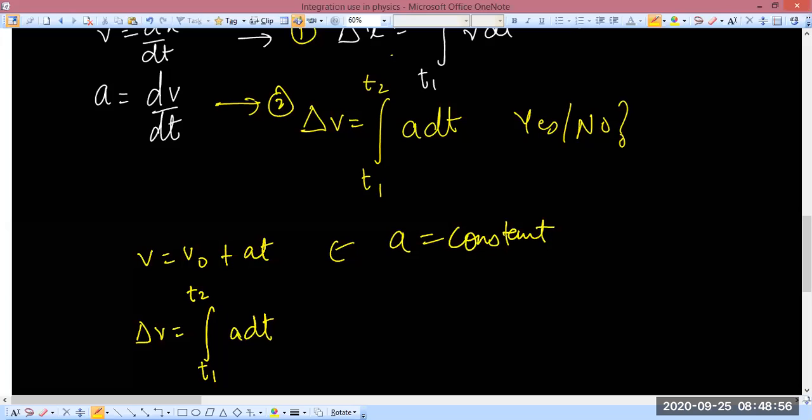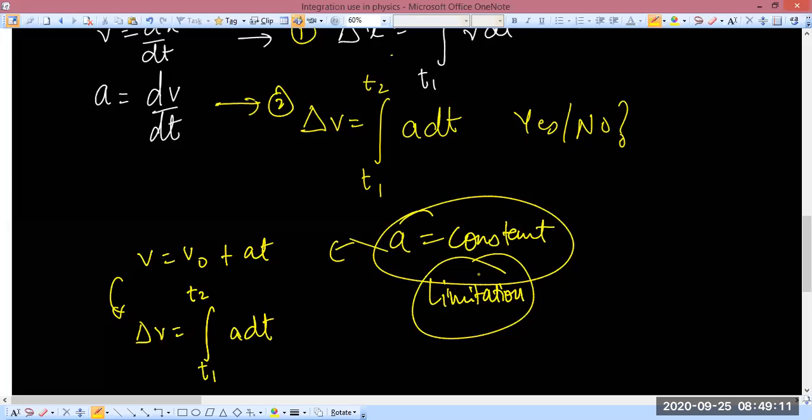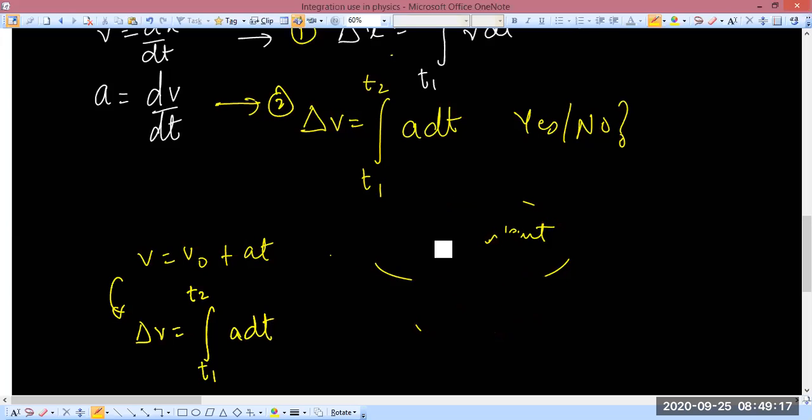So once again, this is the superior version of this one. This has a limitation, meaning it has a condition: you can only use it if acceleration is constant. But for this integration equation, there is no such problem. You can always use it.